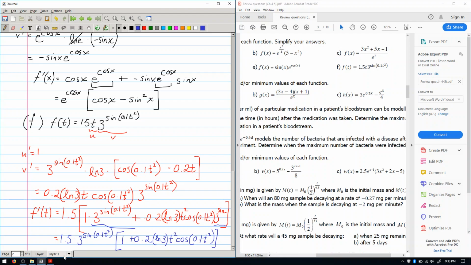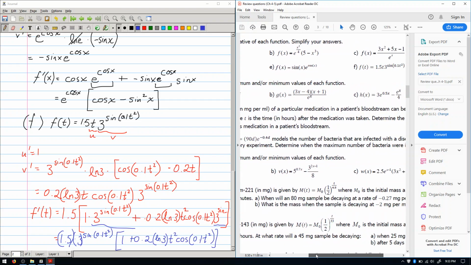And notice that I'm not going to multiply 1.5 and 3 together. See this exponent right there, sine of 0.1 t squared? That tells me that that 3 is belonging to that exponent and that 1.5 is completely outside of it and cannot combine with the 3. Okay? So that 1.5 is a coefficient, whereas 3 is the base. So there you go, that's 16f.